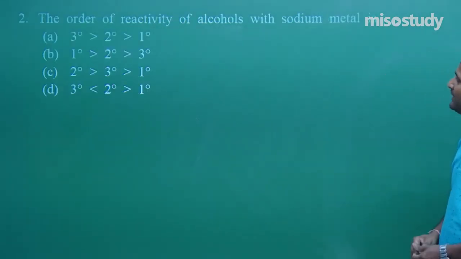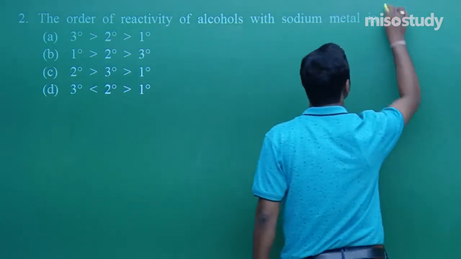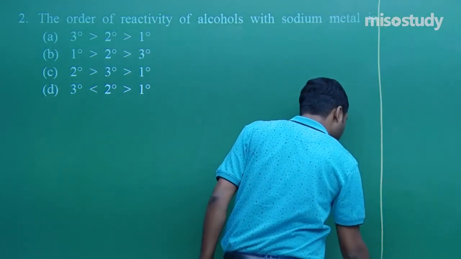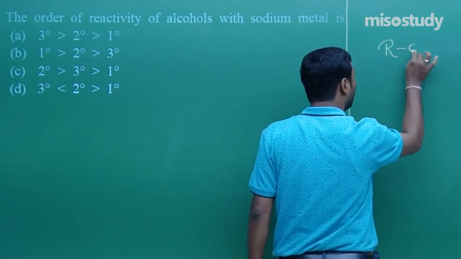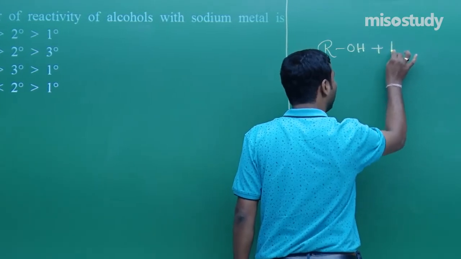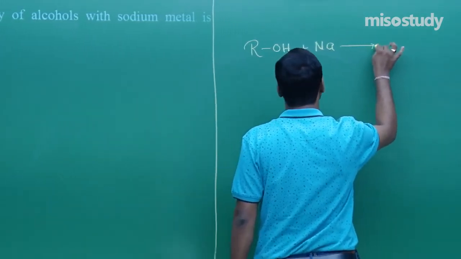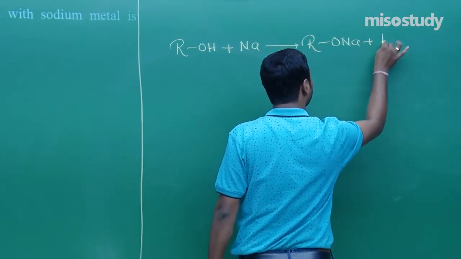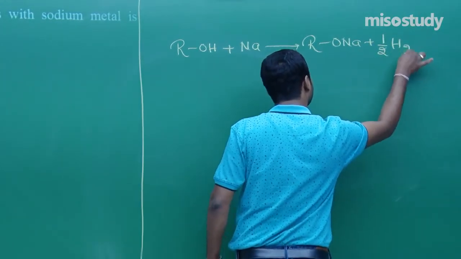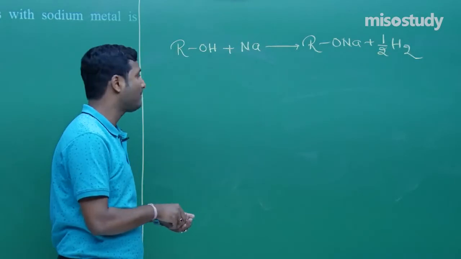The order of reactivity of alcohol with sodium metal. As we know, reactivity with sodium metal, that is, if I talk about ROH plus Na, definitely it gives RONa plus half H2. This is the reaction. With sodium metal, in this case, what happens here?